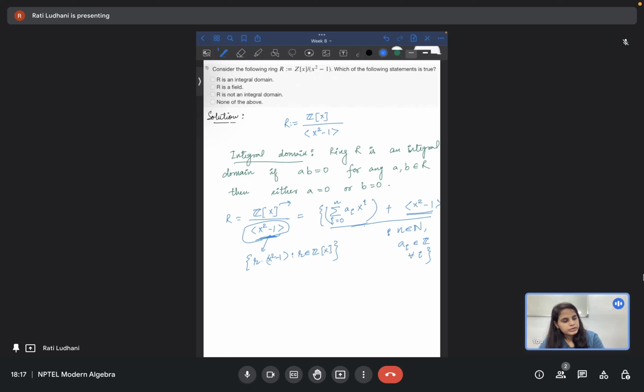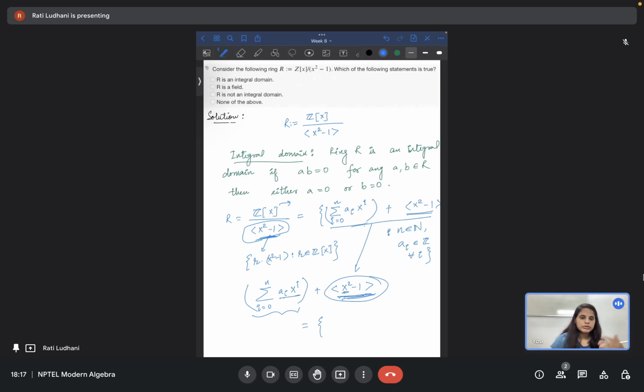Now what do we have? Now what does this element look like? The sum from i equal to 0 to n of a_i x raised to power i, plus (x square minus 1). Whatever the multiples of x square minus 1 are, they go in this ideal. So x square is equal to 1 here. Whenever we have x square, we can put it to be 1.